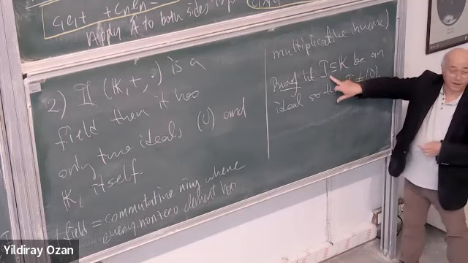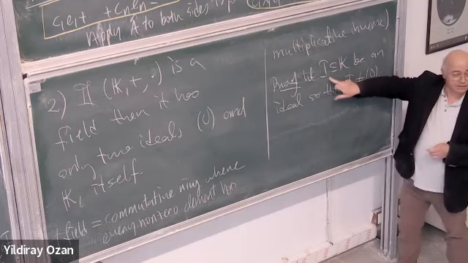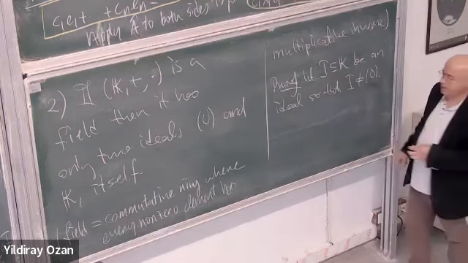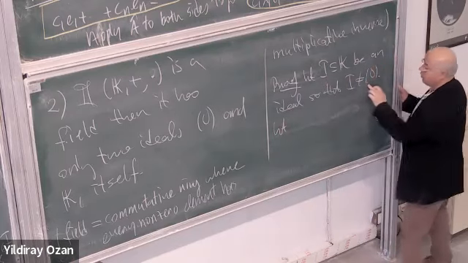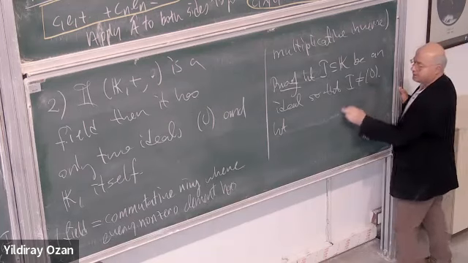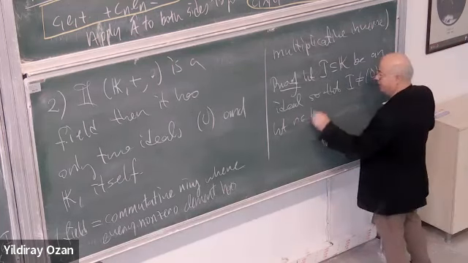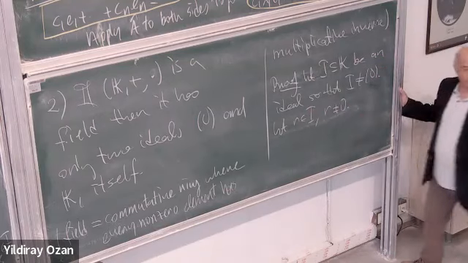Suppose that this is an ideal, but it's not the zero ideal. Then I claim that this is the whole thing. Why is that? Since this is not the zero ideal, it has a non-zero element r, so that r is not zero.